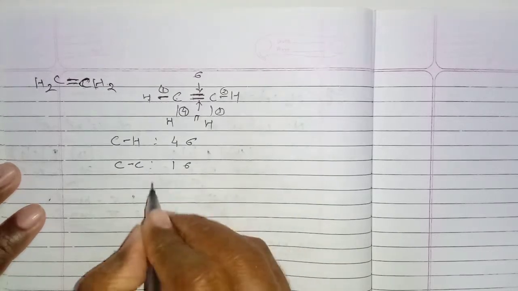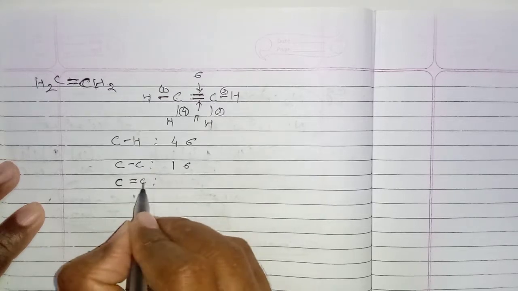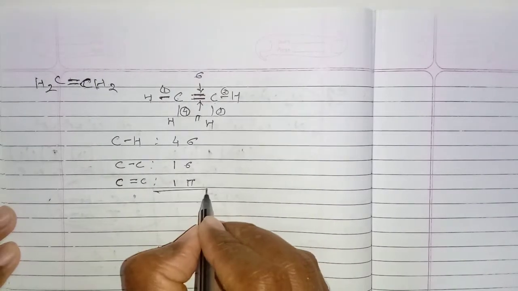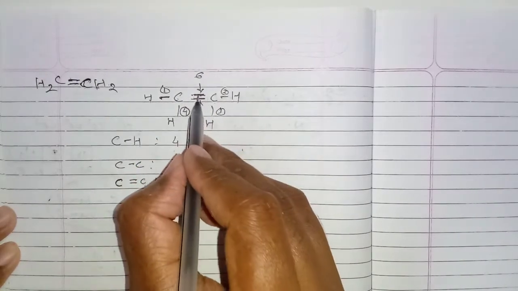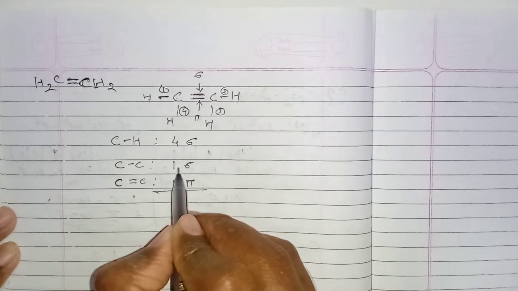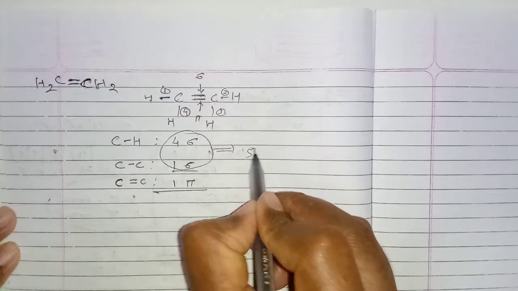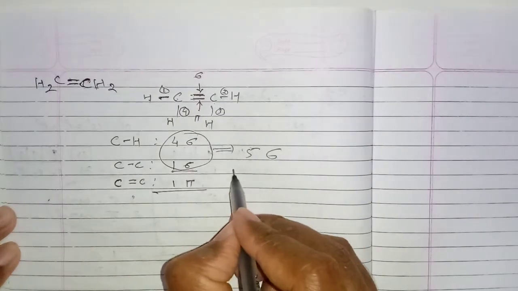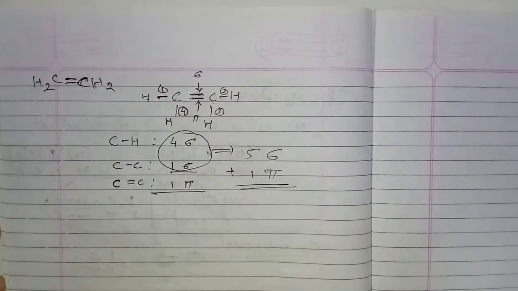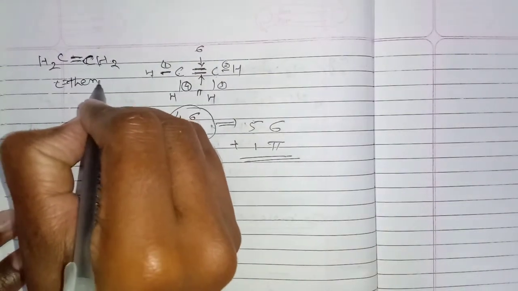The carbon double bond carbon has 1 pi bond. So the total is 6 bonds: 4 sigma plus 1 sigma between carbon and carbon, so 5 sigma bonds and 1 pi bond is formed. Okay, this is called the ethene molecule.